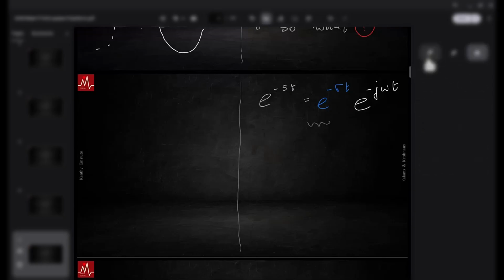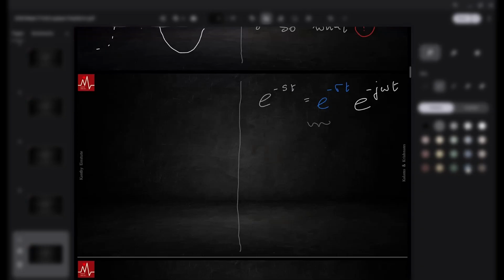This term is exponential. This term is oscillatory. Euler's identity, you all know that this is cos omega t minus j sin omega t. So this has both exponentials and sinusoids.